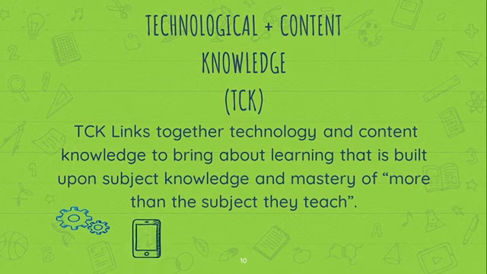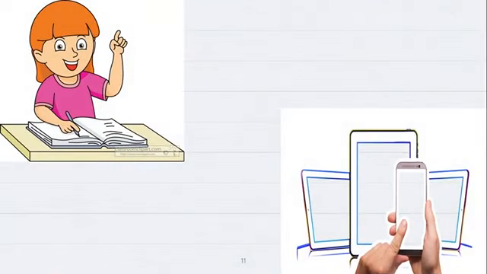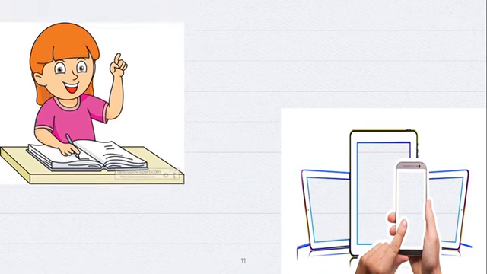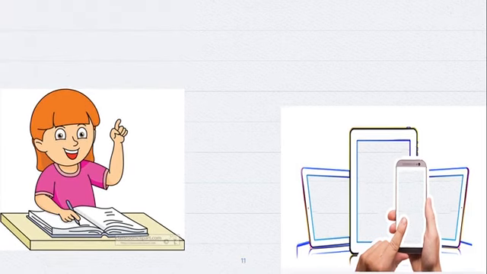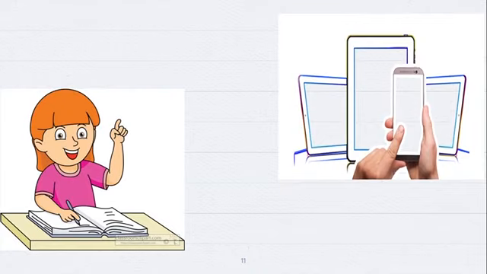So here, the teachers and students know how to use technology to support research in that field of study. For example, students can search for material about simple present tense by searching on Google or on YouTube using a phone, laptop, or computer.